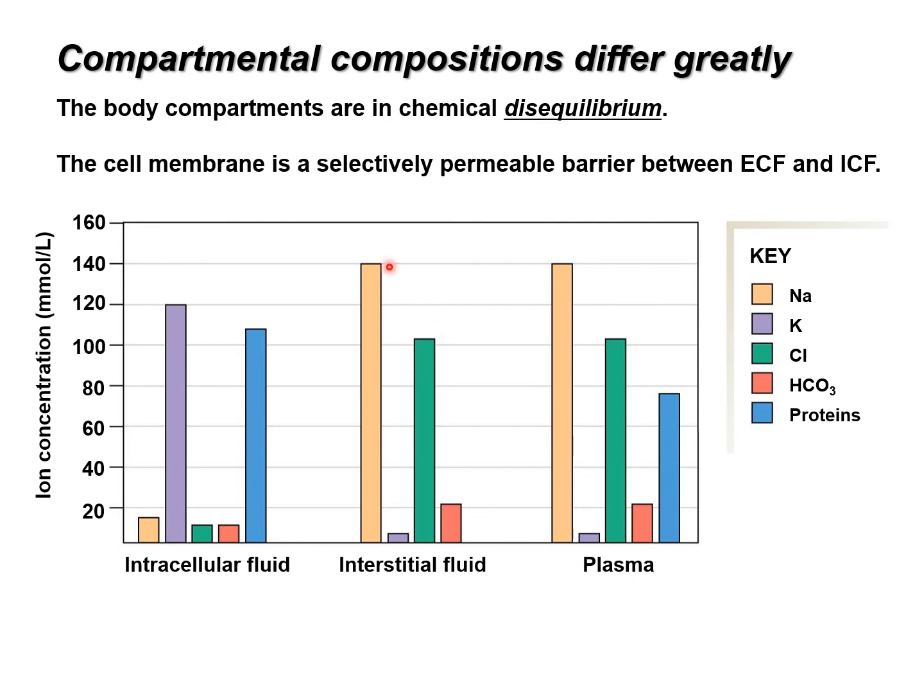So even though they may be relatively similar in terms of their osmolarity, nevertheless, these chambers, these compartments are in chemical disequilibrium. So sodium and chloride want to diffuse into the intracellular fluid. Potassium wants to diffuse out. Proteins want to diffuse out of the plasma in some cases.